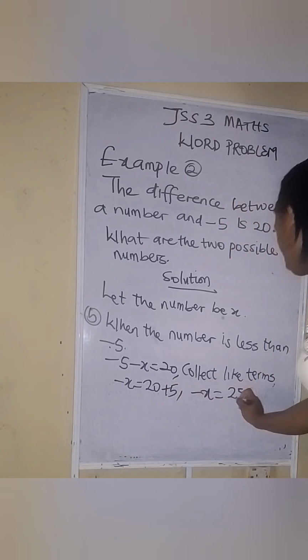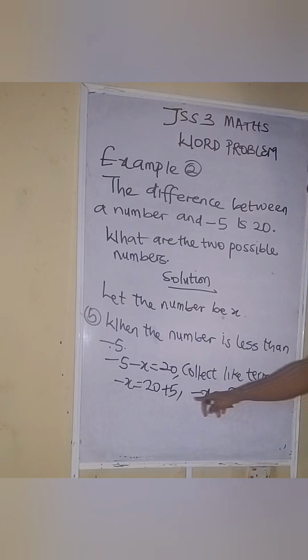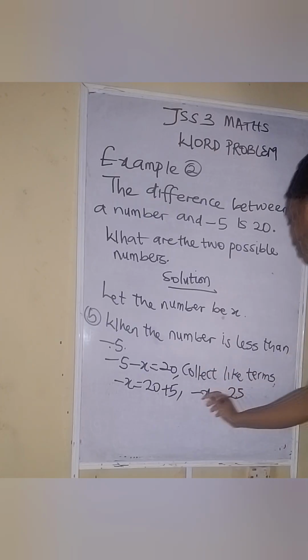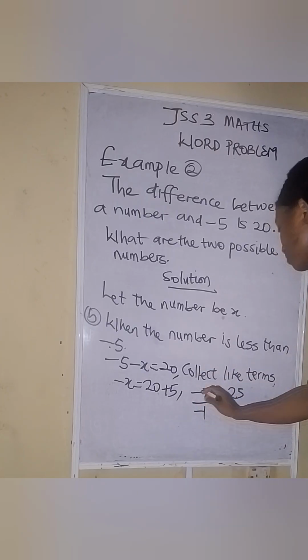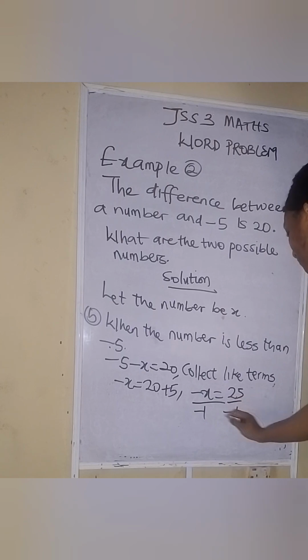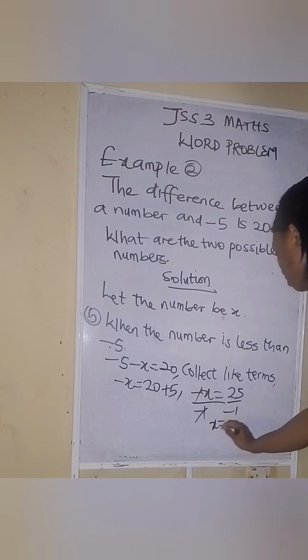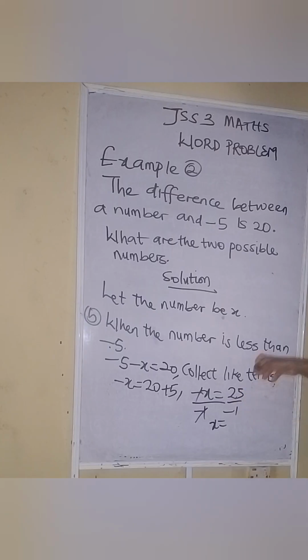So we have a minus here. We are going to divide both sides by minus 1. There is a 1 here close to x that we cannot see. There's always a 1 here, but we don't usually put it there. So divide both sides by minus 1 so that we can remove this minus. So x equals 25 divided by minus 1, which is minus 25.